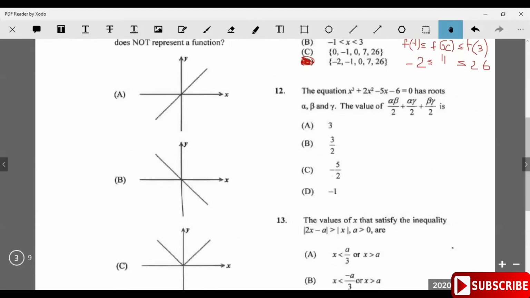Question 12. Question 12 gives us a cubic equation with roots alpha, beta, and gamma.